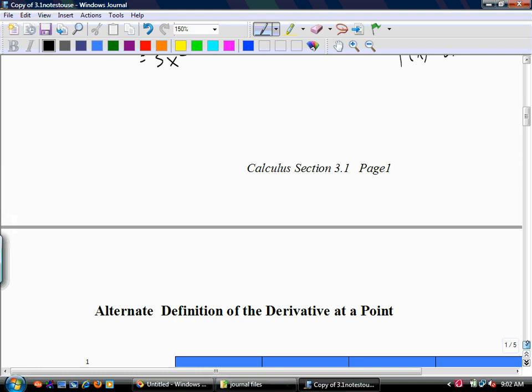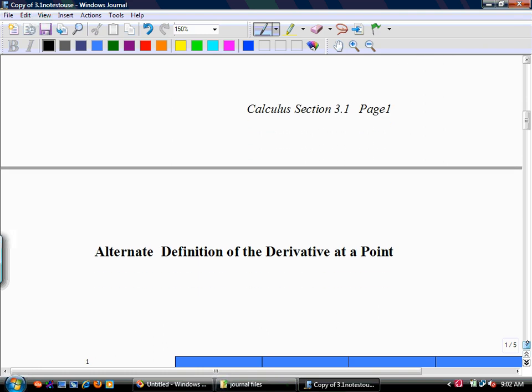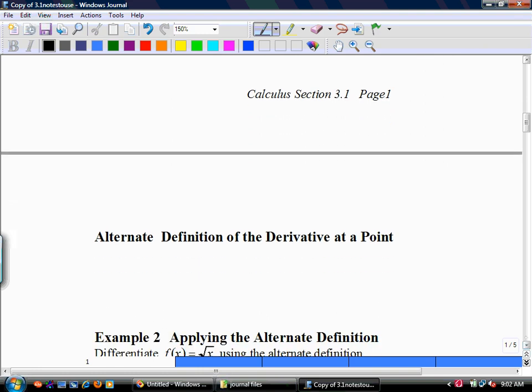Alternate definition of the derivative. The one that I don't use very much. F prime of x equals, and I have to look it up because I don't use it very much at all. Where is it? Yeah, it's that x minus a business.